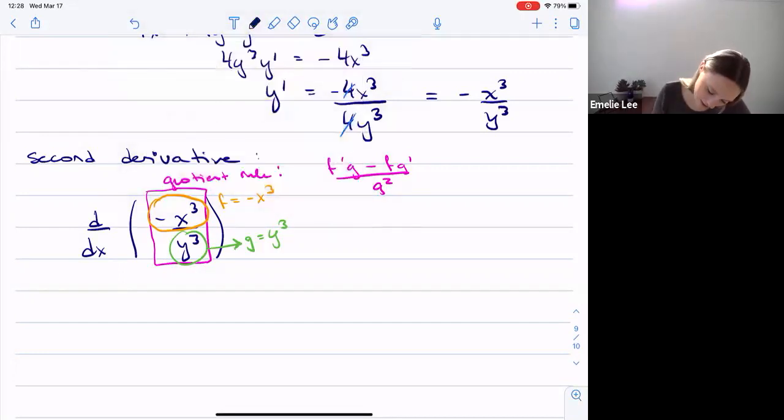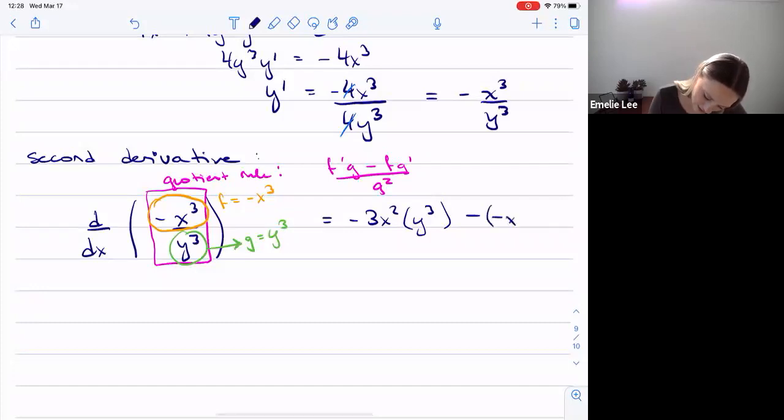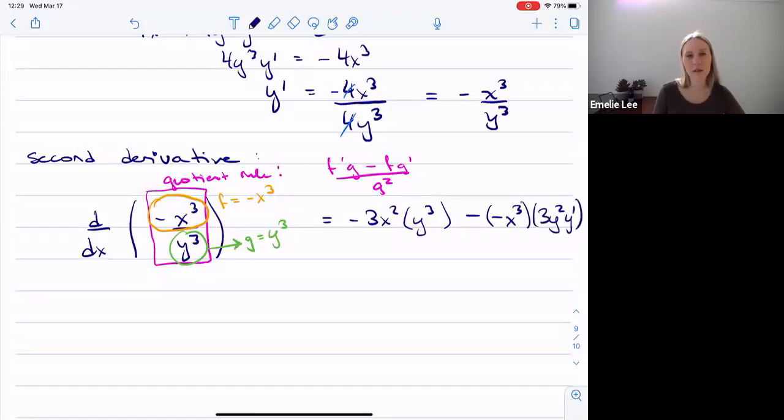So, okay, now we can do our quotient rule. It's been a while, but okay, so f prime: negative 3x squared times g, which is y to the 3, minus, remember to subtract, unlike the product rule, negative x to the 3 times 3y squared y prime.